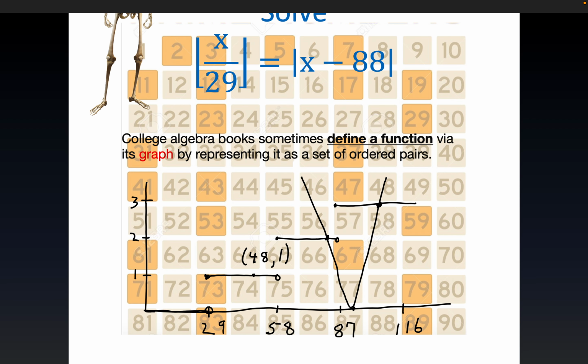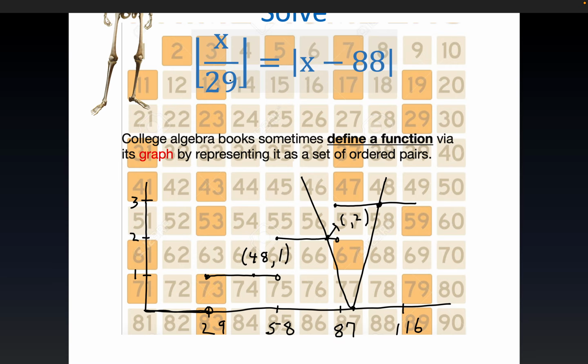Well, in order for right here, the graph of this coordinate right here, the y coordinate has to be 2, meaning the function value itself, right? Okay, so how are you going to get that to happen both for this and this?